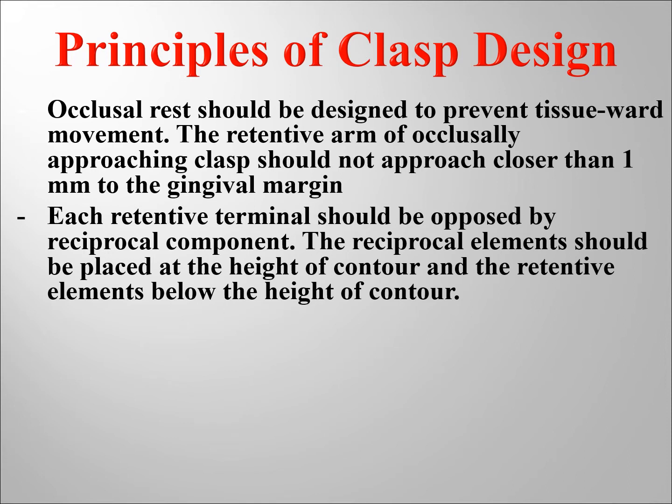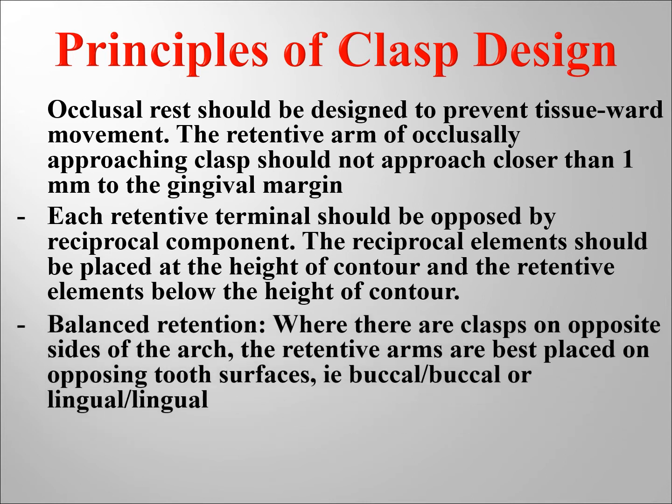Now we talked about reciprocation, that as the retentive tip goes below and above the survey line, it will exert force on the tooth in the other direction. So that's why there should be a component that resists this movement in the other direction, on the opposite side of the retentive arm. So we provide a reciprocal component, of course, above the survey line.